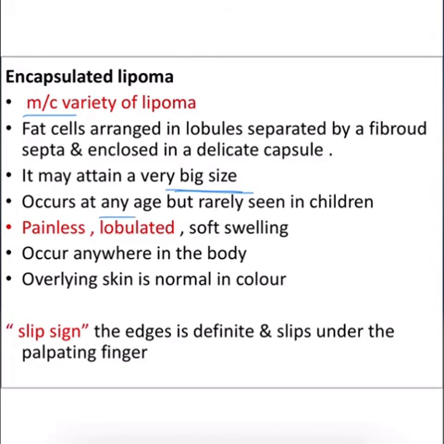Occurs at any age, but may be seen in children. Painless, lobulated, they are soft. Anywhere is the site. Overlying skin is normal in color. The slip sign is an important sign of lipoma. The edge is definite and slips under the palpating finger.